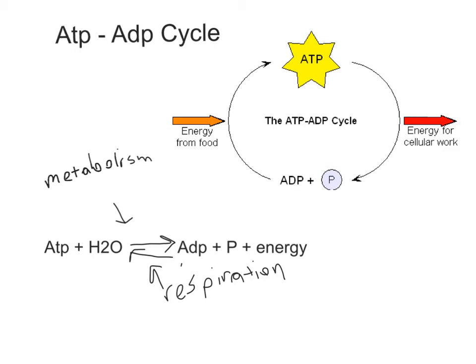You can see in our equation here, and in the one in your notes, ATP: you bring in a water, you break off that phosphate, and what you get is ADP plus a phosphate plus energy. Going in this direction is metabolism. Going in this direction is respiration, where I take my ADP and my phosphate, use energy from breaking down the food, and remake my ATP.